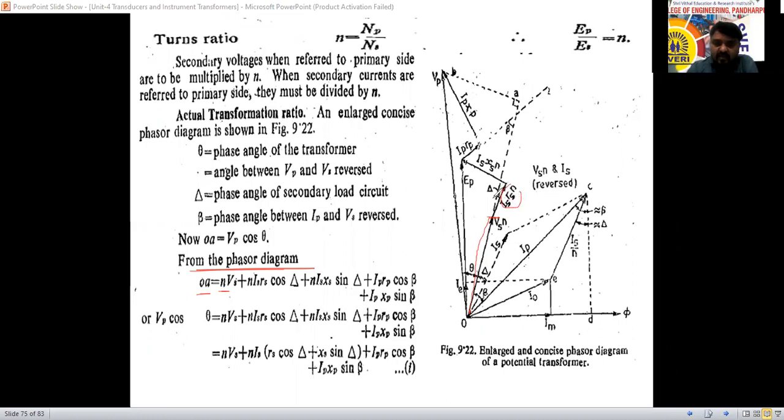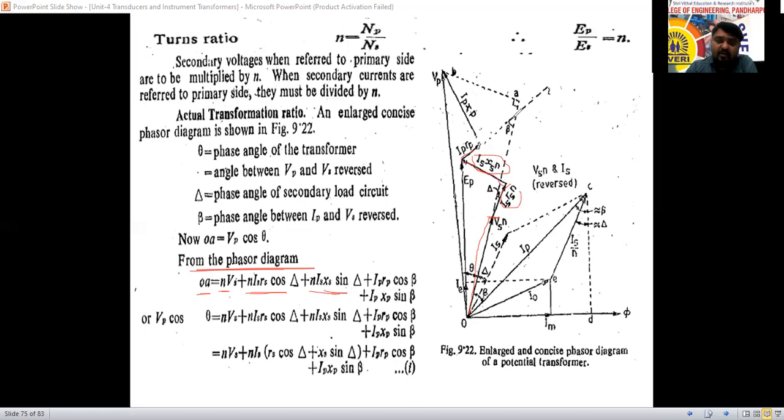What is the angle here? This one is delta. That is the adjacent line, so N into IS RS cos delta is what we consider. Next, this one is N into IS XS, the opposite side, which is sin delta. Next it will start with IP RP.